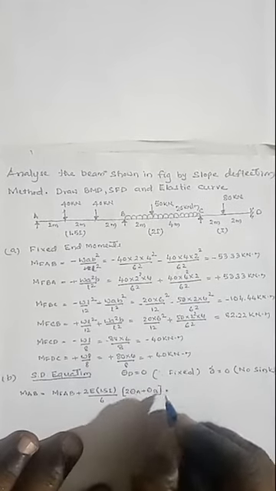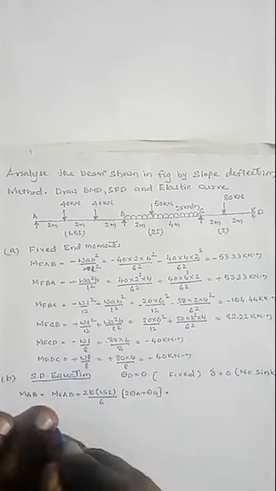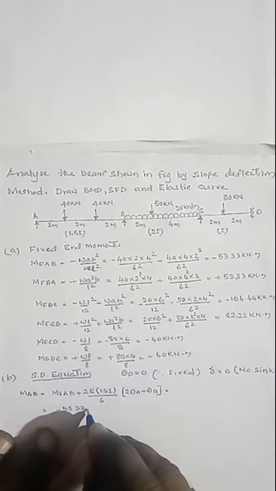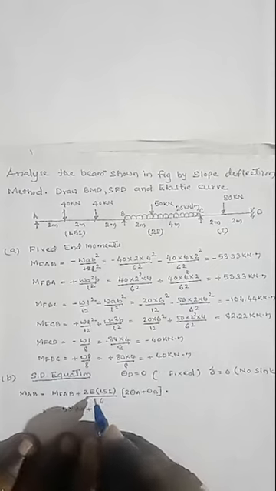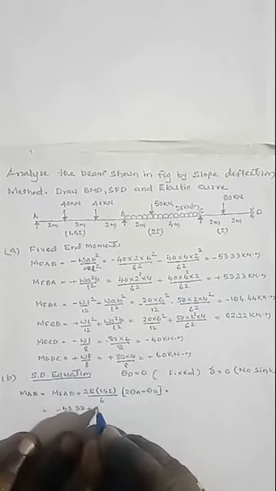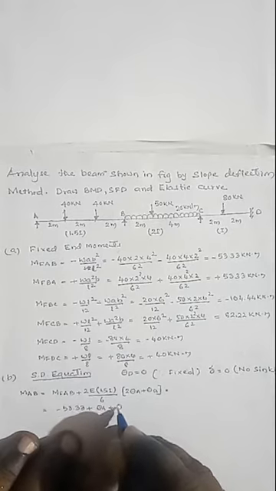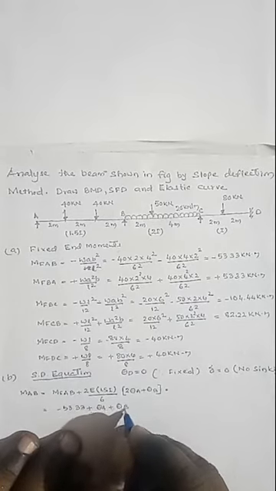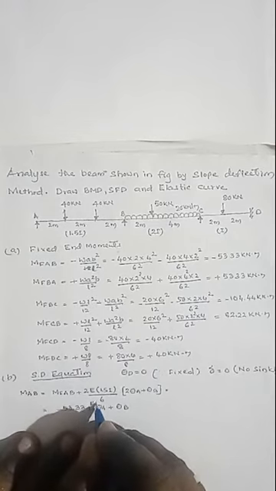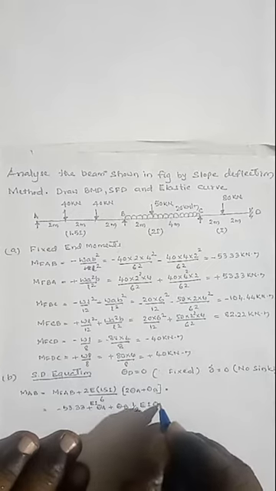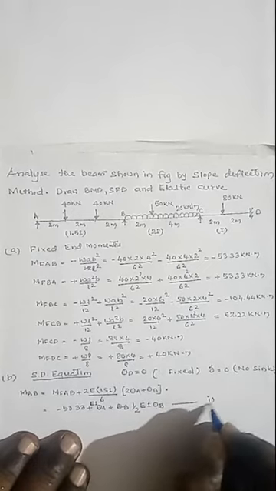Then by substituting the values, MF AB is minus 53.33 plus 2 into 1.5, that is 3 divided by 6, that is half, into 2 theta A plus theta B by 2, which gives EI theta A plus half EI theta B. This is equation number 1.